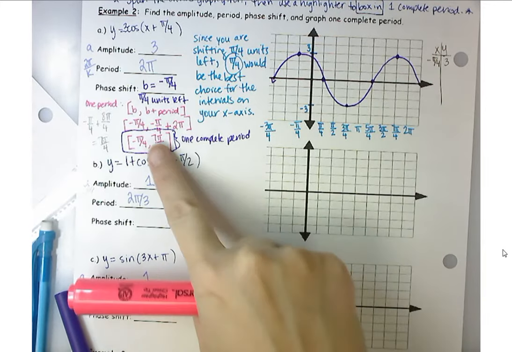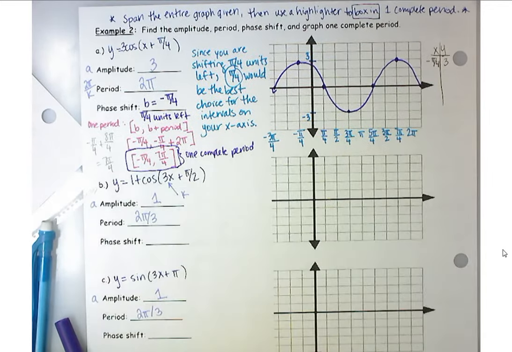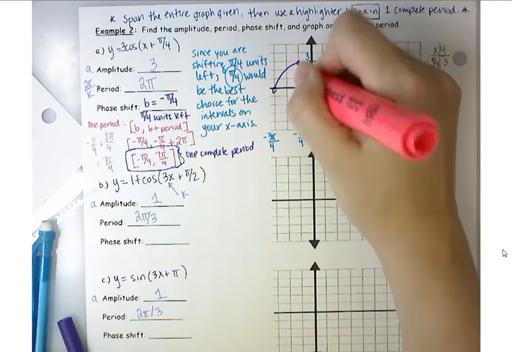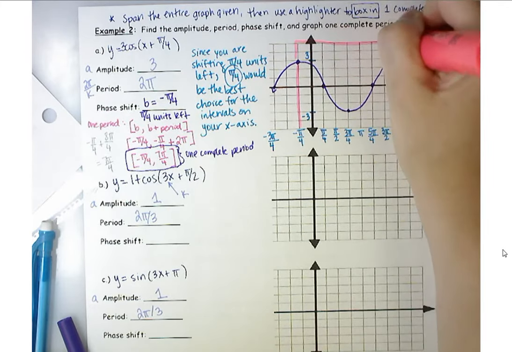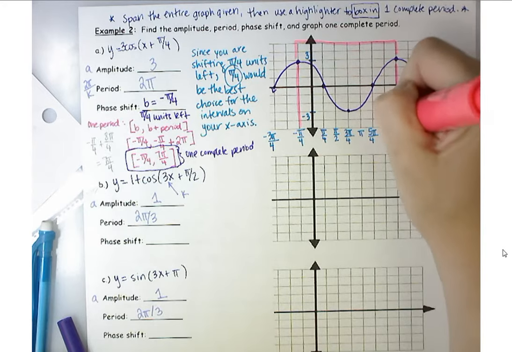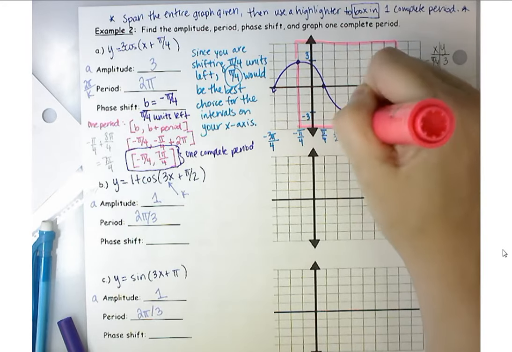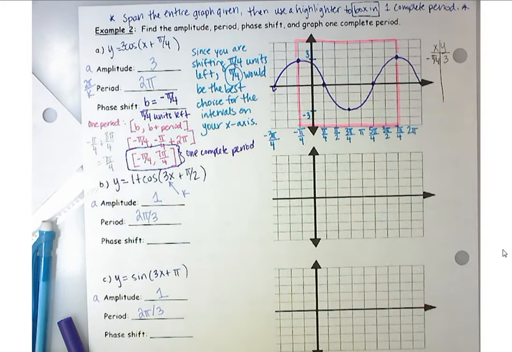This is your one complete period. Your one complete period is going to be from negative pi over 4 to 7 pi over 4. And then can you see how that looks just like our standard cosine graph?